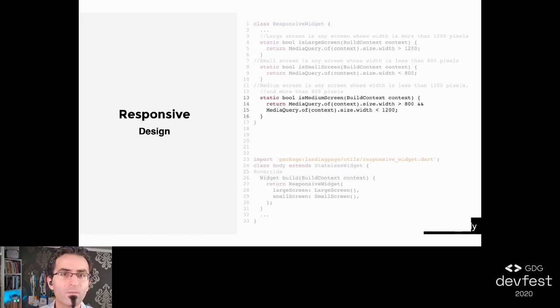So you have full flexibility to do whatever you want. And then afterwards, you can create your styling and your widgets based on these media queries. I'm going to show you a demo at the end of the talk to see how it actually works.